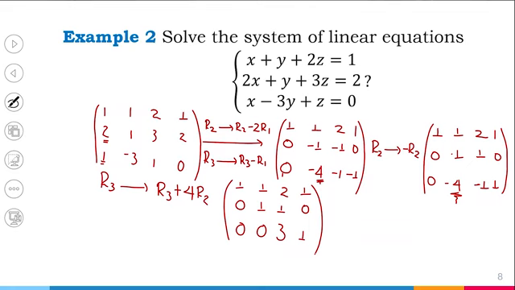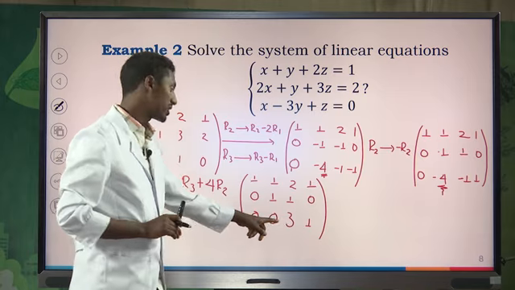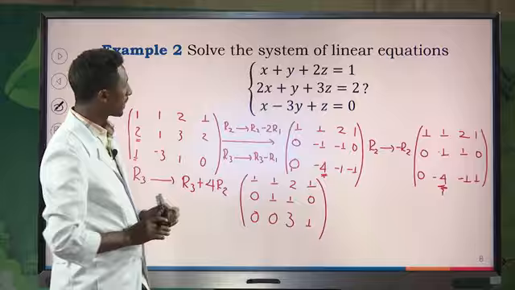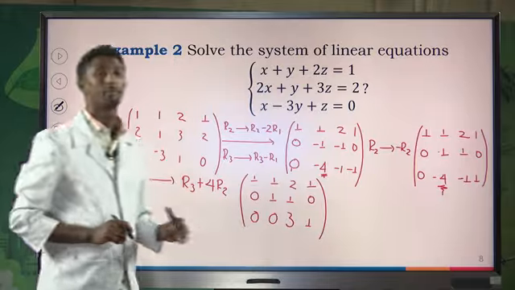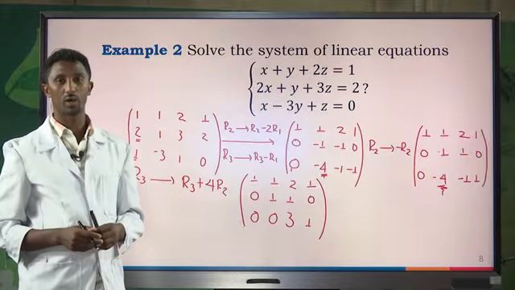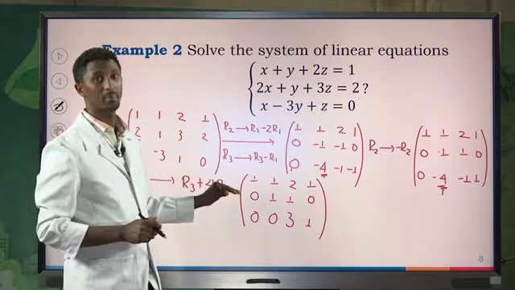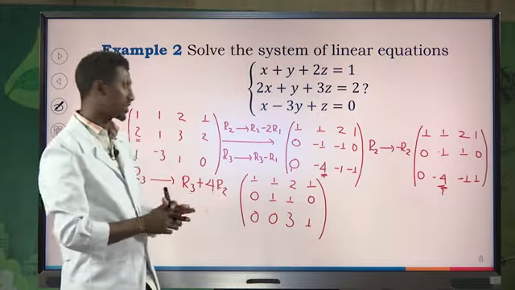This can be enough, but to reduce into row echelon form, this 3 must be 1, so we can rescale, but it's not important. Now after this, we can use backward substitution. This augmented matrix represents a system of linear equations.